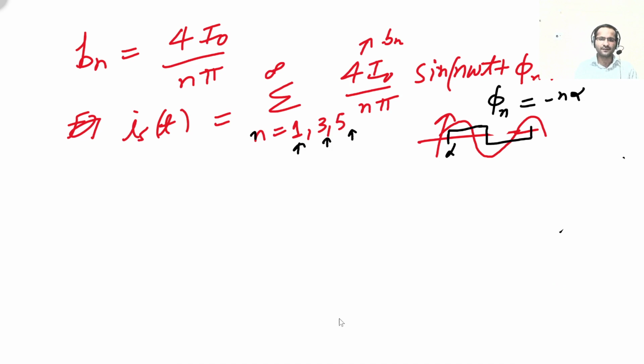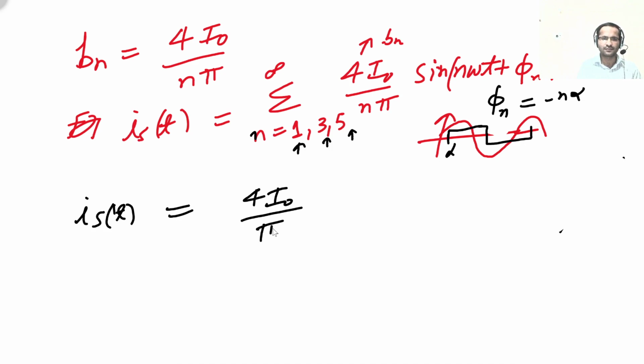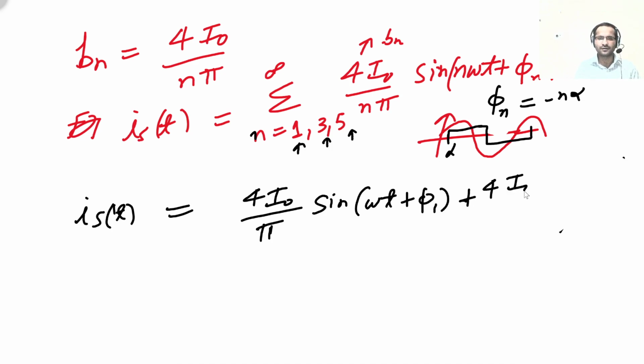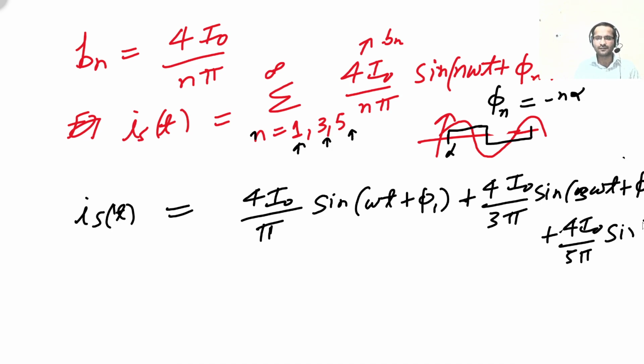If you further expand this, you can write it as 4 I naught upon pi sin omega t plus phi 1, plus 4 I naught upon 3 pi sin 3 omega t plus phi 3, plus 4 I naught upon 5 pi sin 5 omega t plus phi 5, and so on.